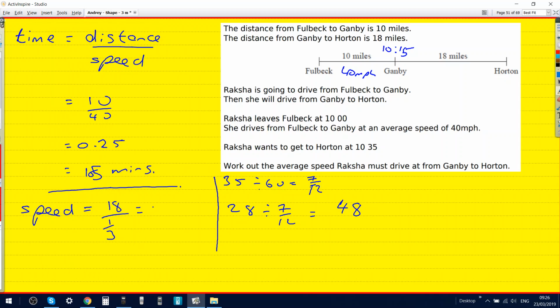So 54 miles per hour, I believe. Yes, you've got 1/3 of an hour to go 18 miles, and so you have to go 3 times as fast as that, yeah, to get there.